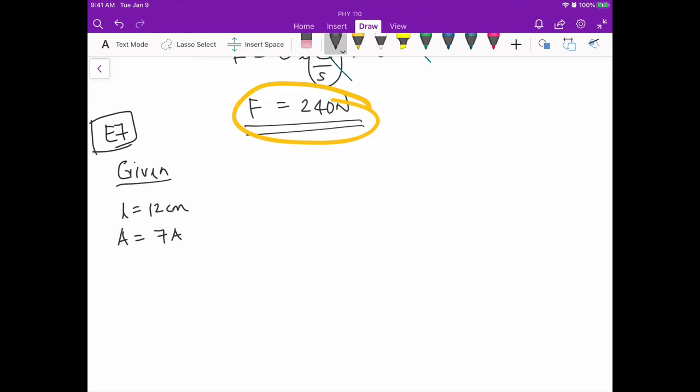It's important as well. The magnetic field, B, the strength of the magnetic field equals 0.5 Tesla. You're expected to find the force experienced by that wire.